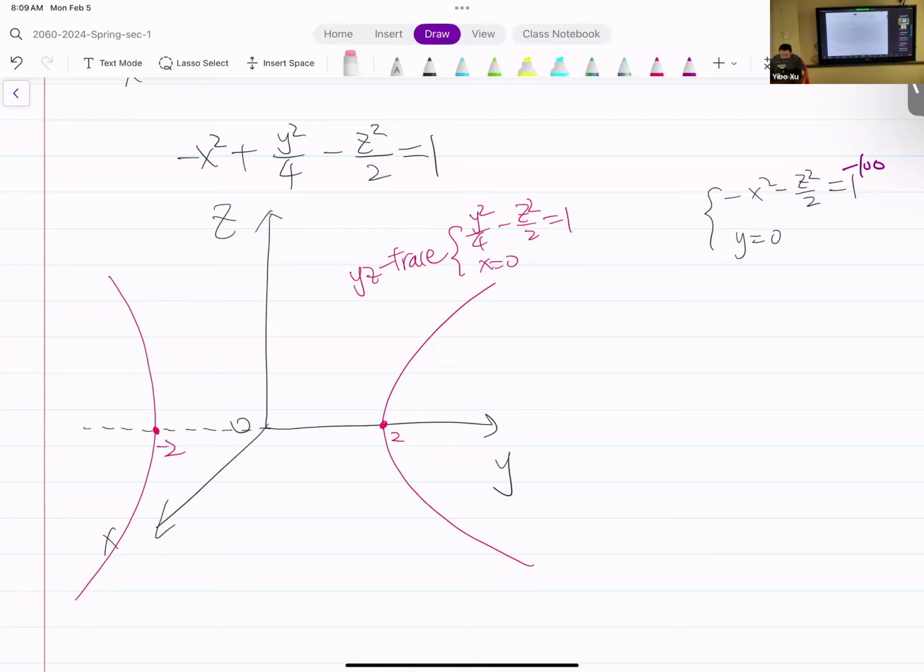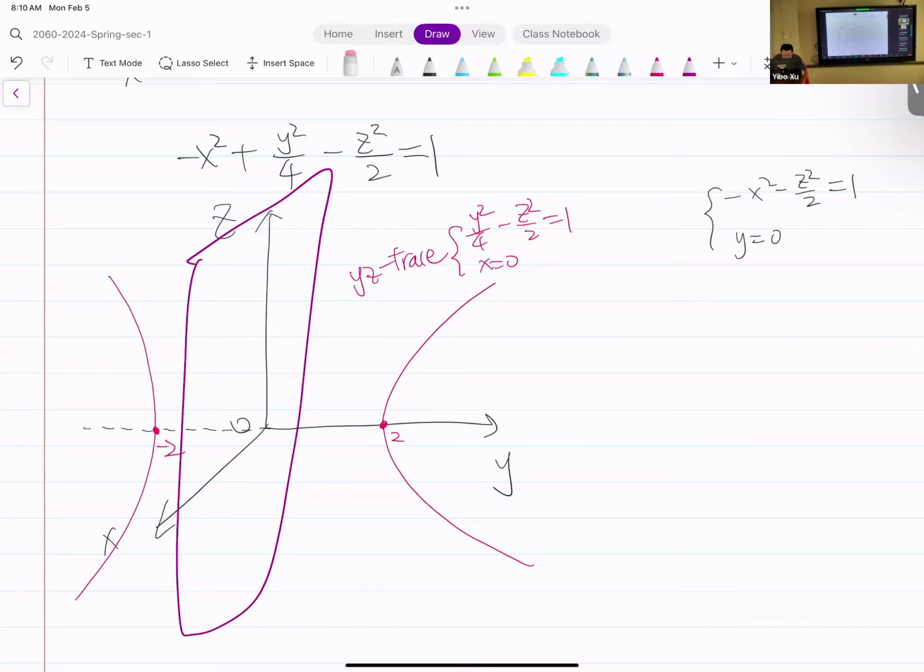But this unfortunately is not legal. So what that means is that there's no chance that you will have y equal to 0. So within the xz plane, there's nothing as a trace at all, right?